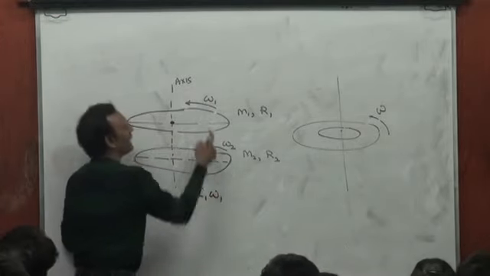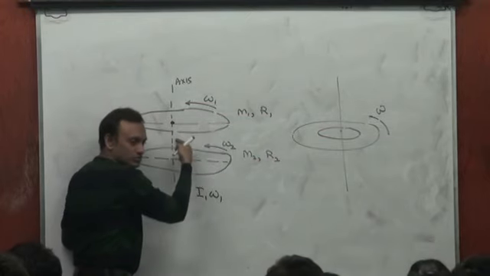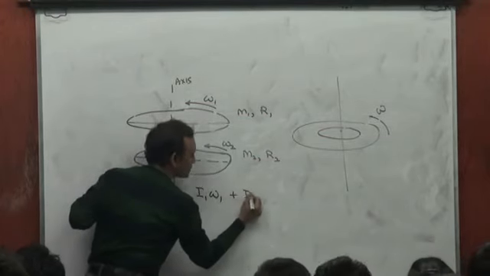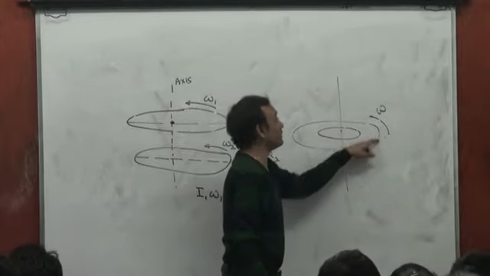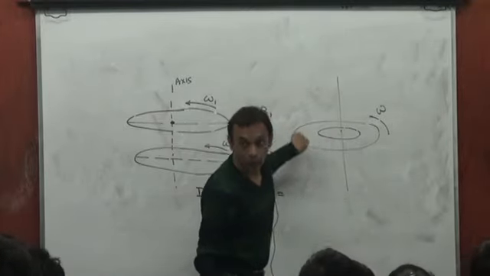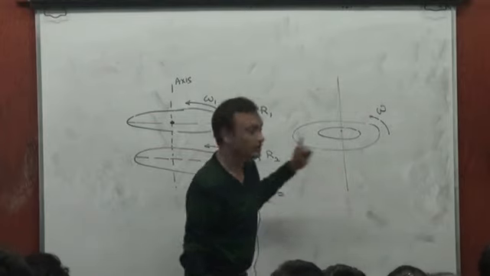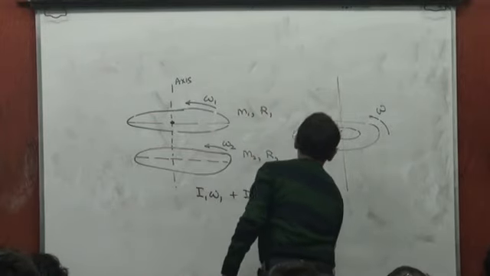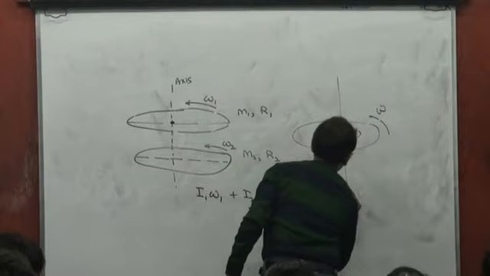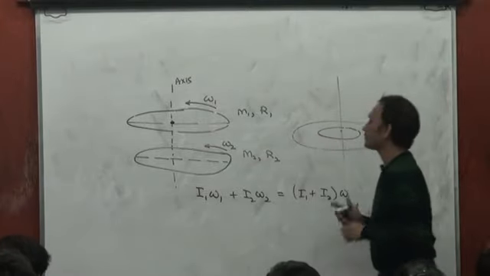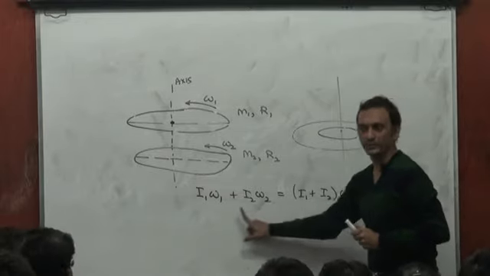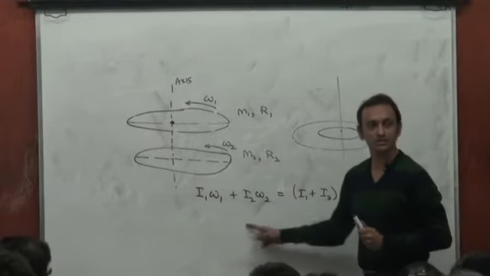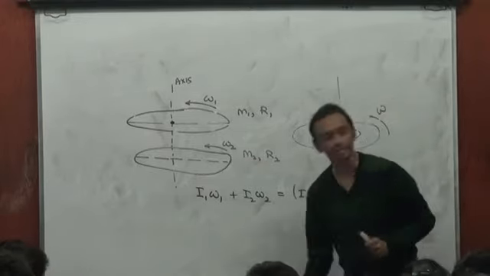I1 omega 1, where I1 is the moment of inertia of this about the axis, plus I2 omega 2, and that must be equal to, now I1 plus I2 is the total moment of inertia about the same axis, I1 plus I2 into omega. So the omega can be found from conservation of angular momentum in the absence of a net external torque. Got me?